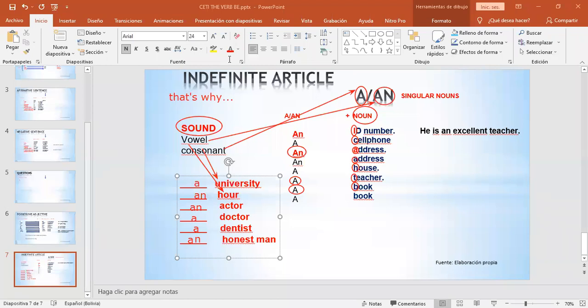Karina: So, it could be said that a and an will vary depending on the sound, vowel or consonant, as explained now. Yes, yes. Okay. But where? In the noun, okay? You have to pay attention to the noun.